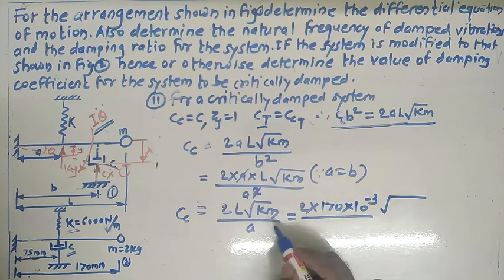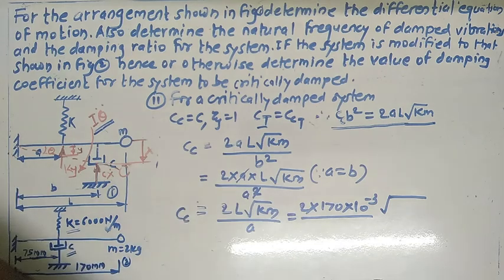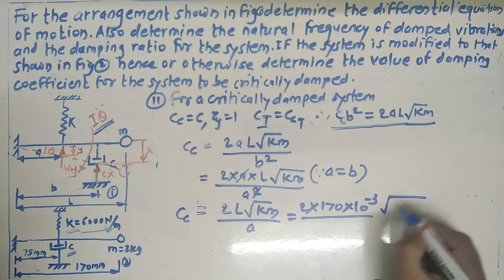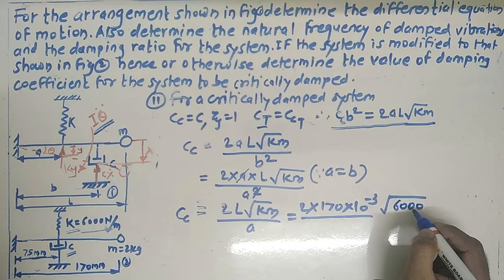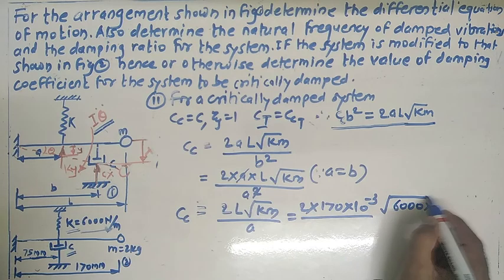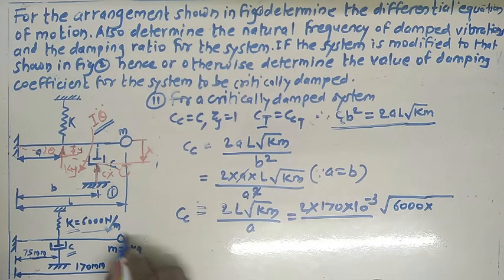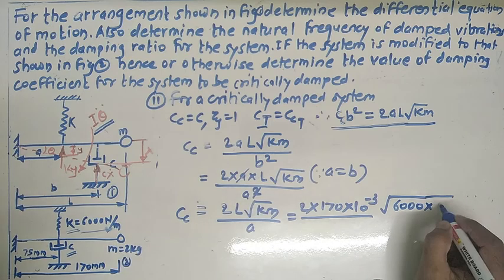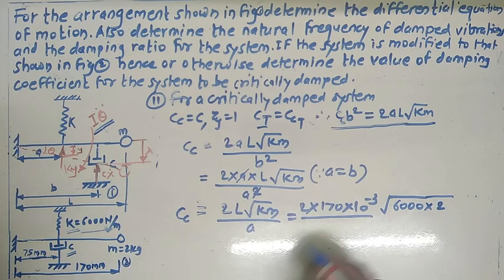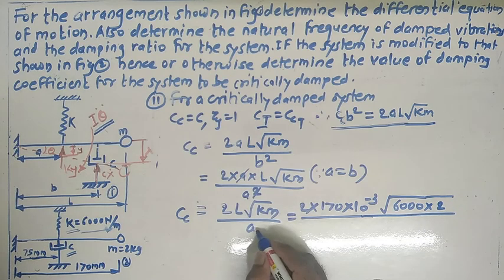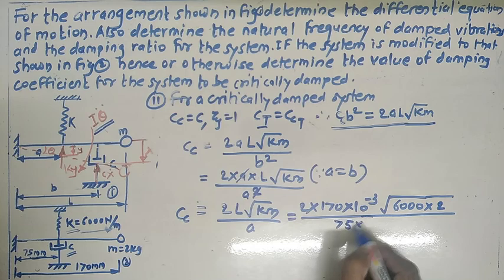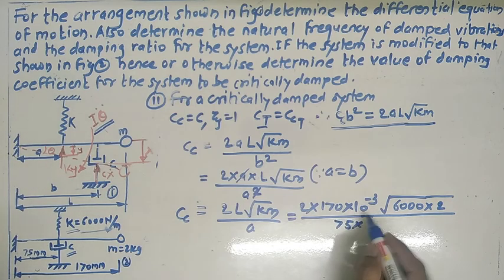The value of k is 6000 Newton per meter, already given, multiplied by 2 kg, the mass given for this bob, divided by a, which is 75 mm, so 75 multiplied by 10 raised to minus 3.